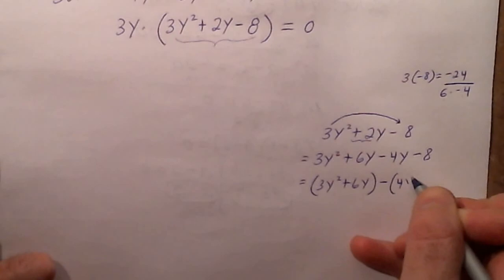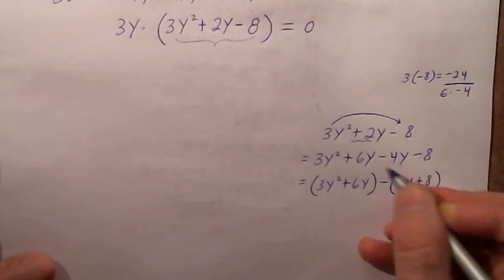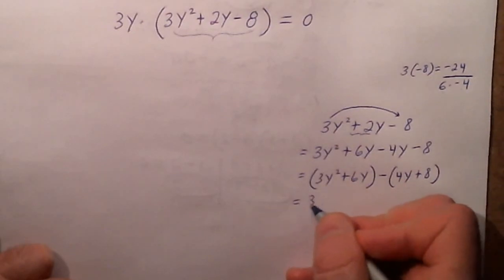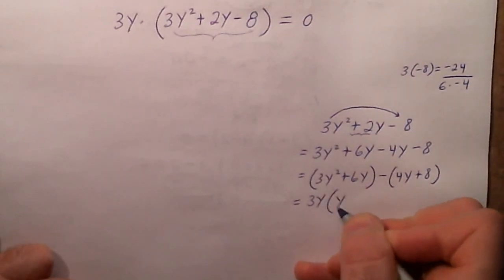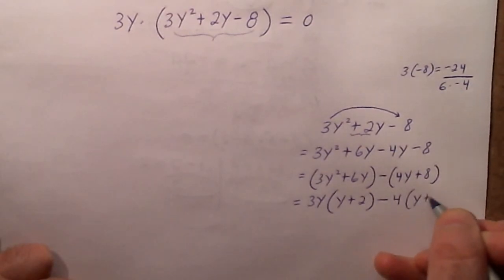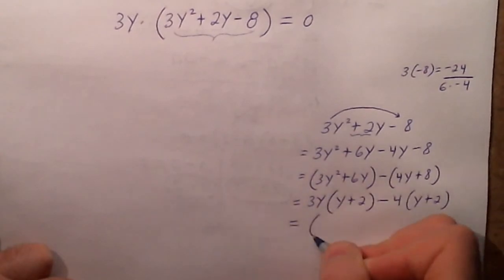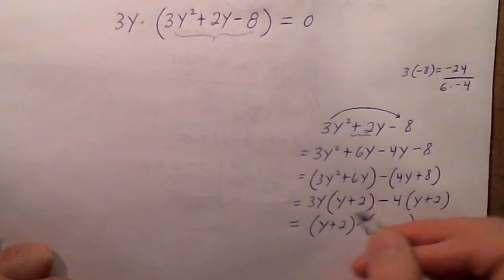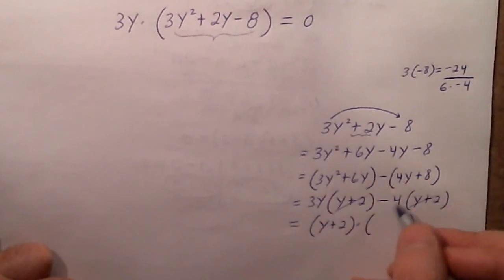Must change the sign of the last term because we have a minus sign that precedes our third term here. Out of the first two terms, we can factor a 3y out, leaving behind y plus 2. And the last two terms, we can factor a 4 out, leaving behind a y plus 2. Now we can factor out the y plus 2 since it's a common factor with both terms, and in doing so, we'll leave behind just 3y minus 4.